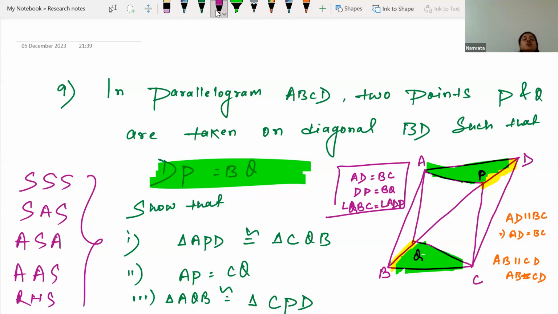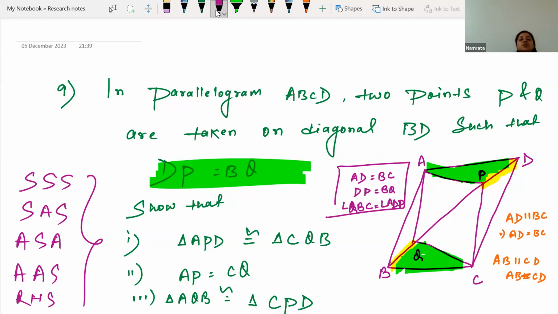Since these are a pair of alternate interior angles, you have to write it carefully in your copy, in a proper way, that AD is parallel to BC, where BD is a transversal, hence QBC and PDC is a pair of alternate interior angles.